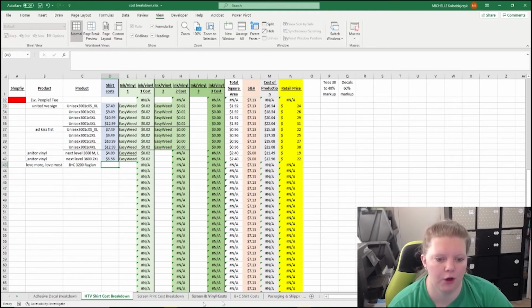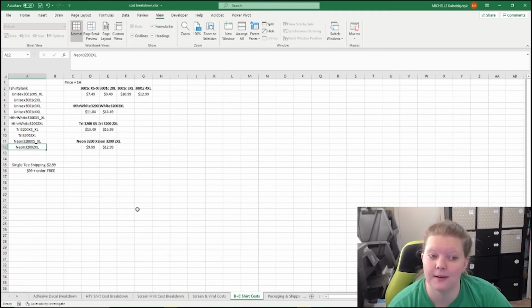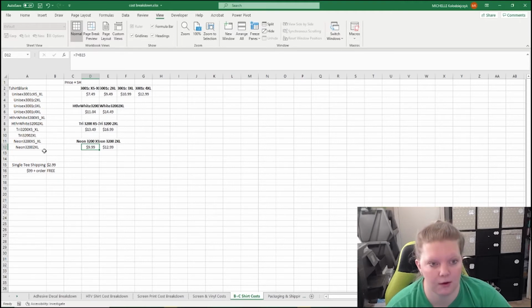All right, my shirt cost. I think these shirt prices are off, so don't completely rely on them. I would definitely update them to your pricing or blank provider. So mine is based off of either Shirtspace or S&S Activewear. And I think these prices are for Shirtspace before they updated their pricing.